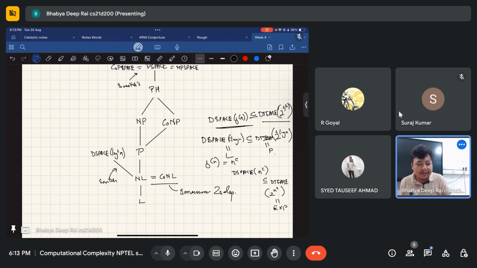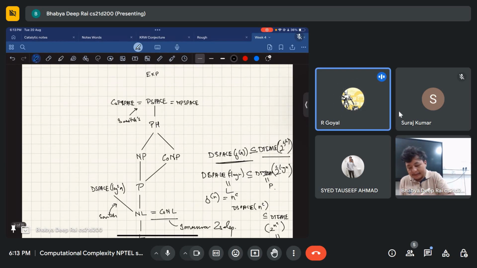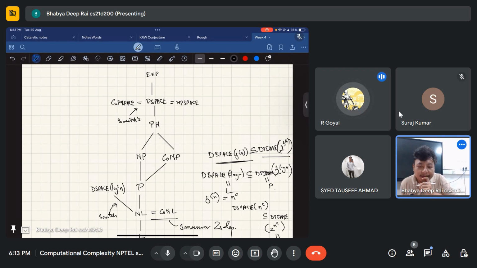Is it clear? But is this relation so strict that PSPACE is contained in EXP?